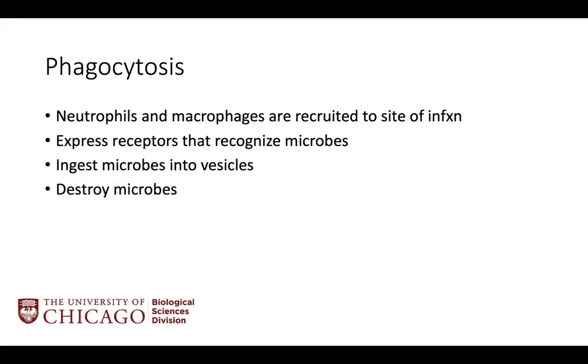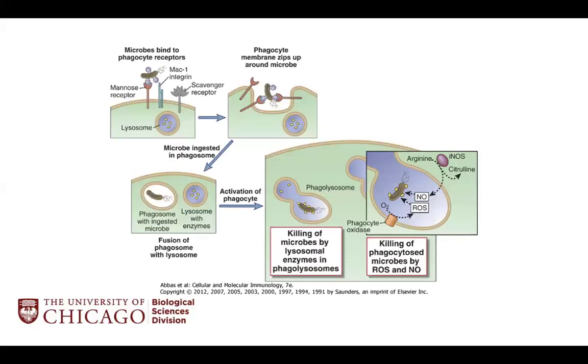Okay, and phagocytosis. We started to talk about neutrophils and macrophages as cells very important to the innate immune system. They are recruited to the site of infection by these cytokines that are characteristic of the innate immune system. They express receptors that recognize the microbes so they can ingest them into vesicles, and it is within these vesicles that they destroy microbes. So here is the example. Here you have something like a neutrophil, a phagocyte.